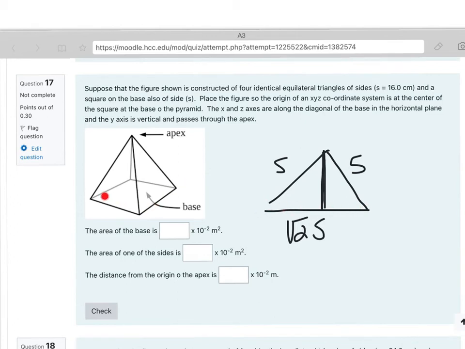So if this is S, the diagonal is the square root of 2 times S. And so from the center of the diagonal to the height, that's the height from the origin to the apex. And so you've got your S, you've got your square root of 2 over 2 S, right? And so once again, you can get that height. Or you can do it by angle, but I don't think you want to, because I'm not sure what that angle is. I would do it that way.